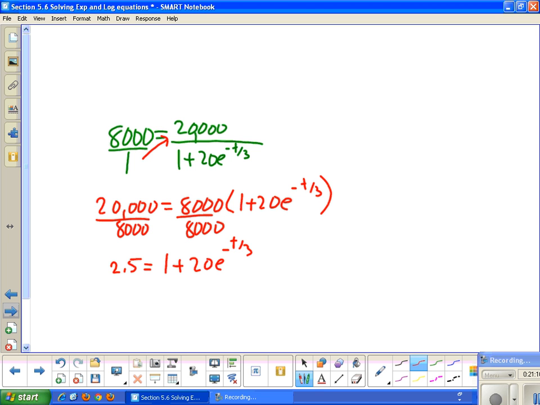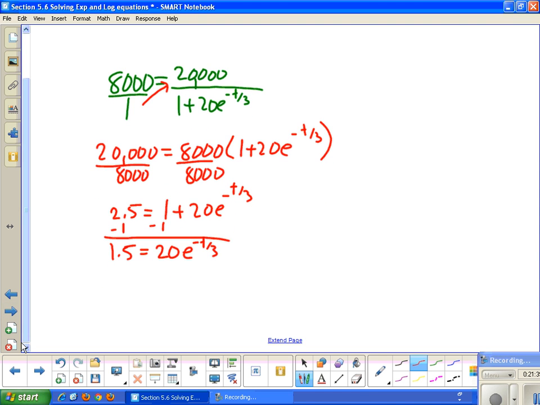Now, I can't put this in logarithmic form to solve for my exponent yet because I don't have just the exponential part by itself. That's the first thing that I need to do. That means that, in this case, first I want to get rid of that 1 by subtracting it from both sides. So I get 1.5 equals 20 times e to the negative t over 3 power.